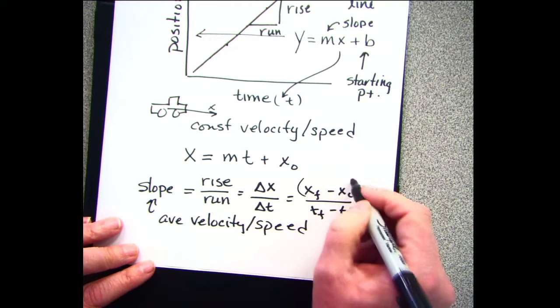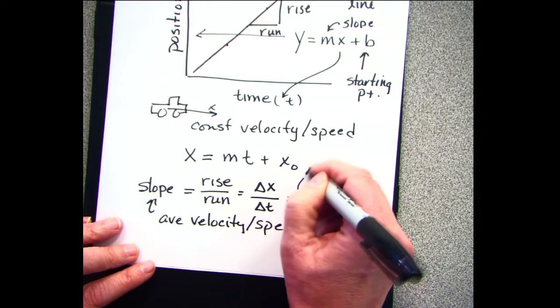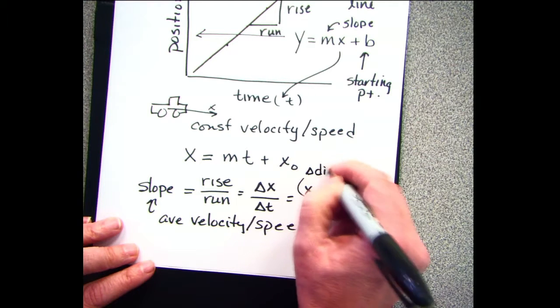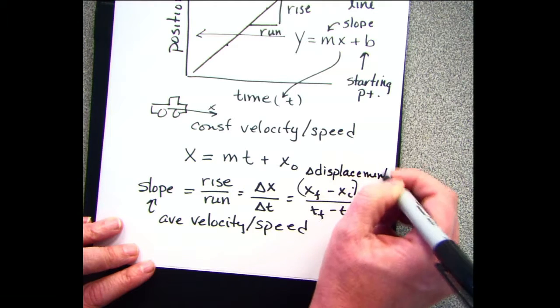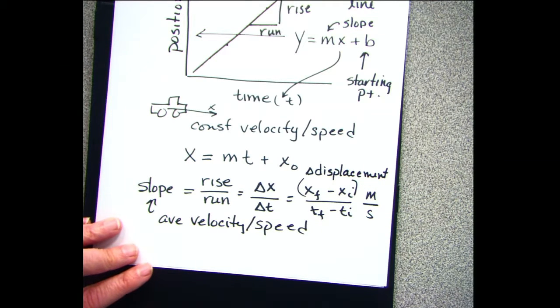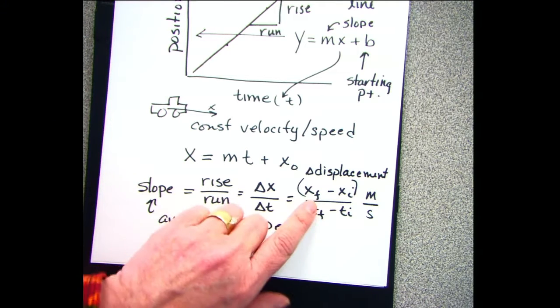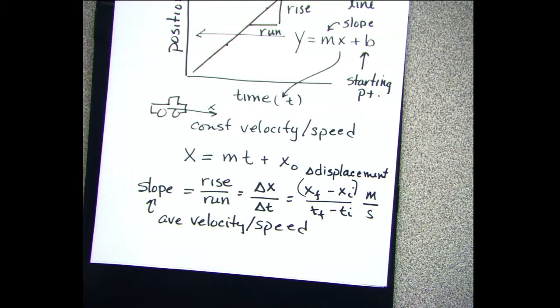But we've already said this right here is a change in displacement. So this, again, goes back to being, from the chemistry perspective, a state function. It only cares where I start and where I stop. And I get my time.